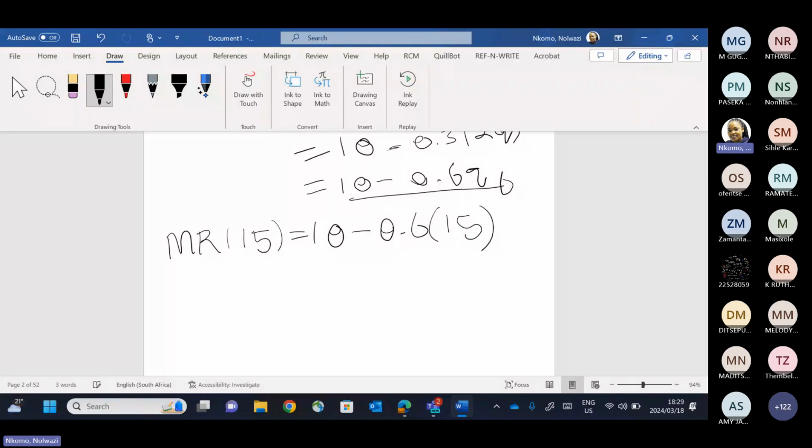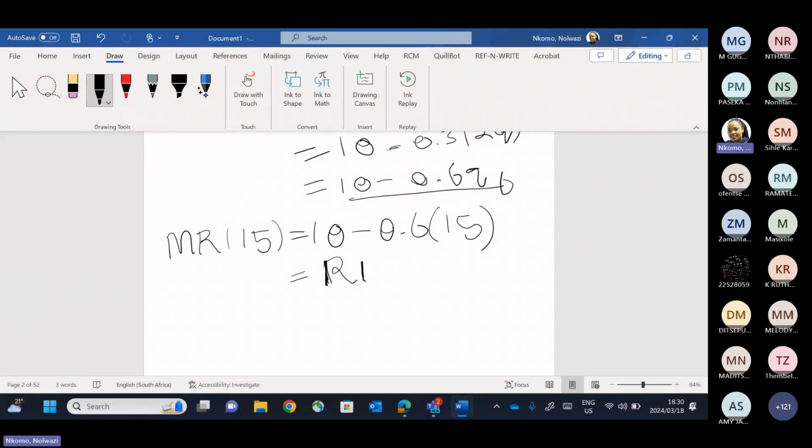If you solve this, you should get 1, I'll say 1 rand. So this simply means that the 16th unit to be sold will generate an additional income of 1 rand.